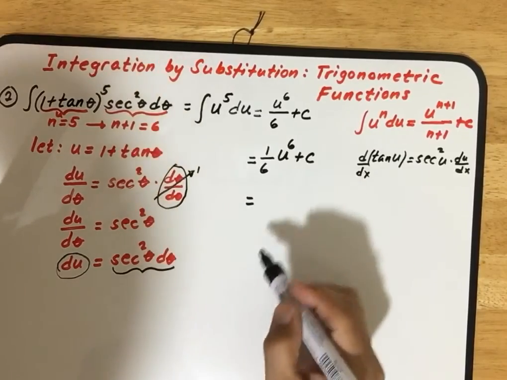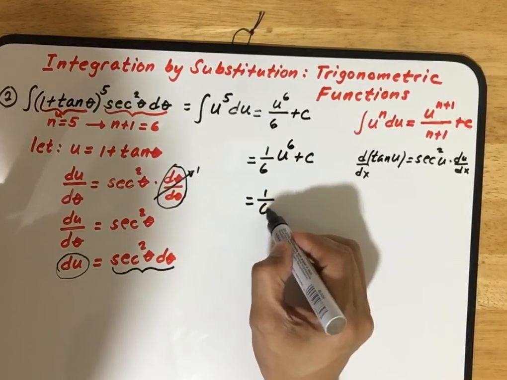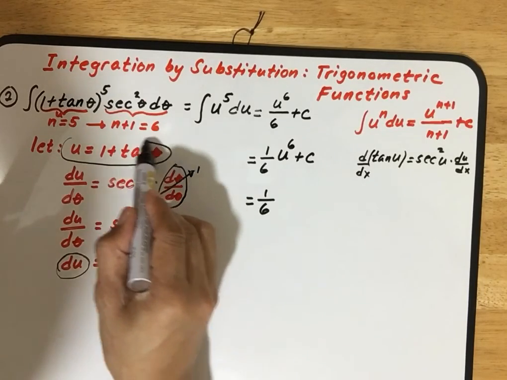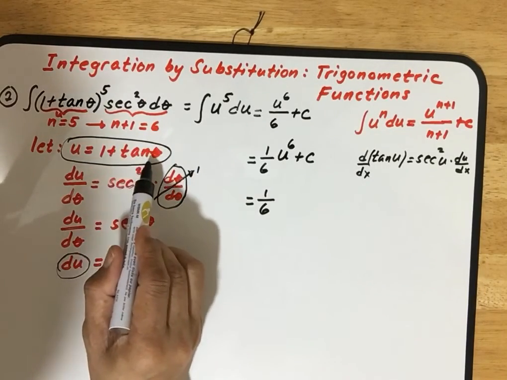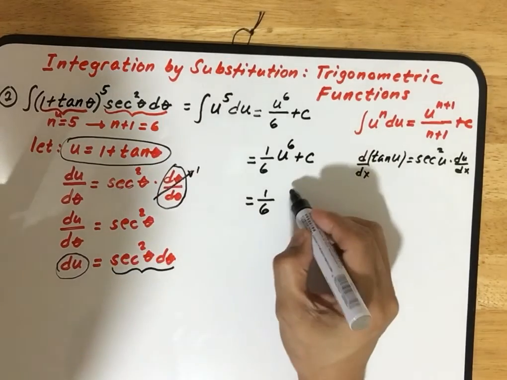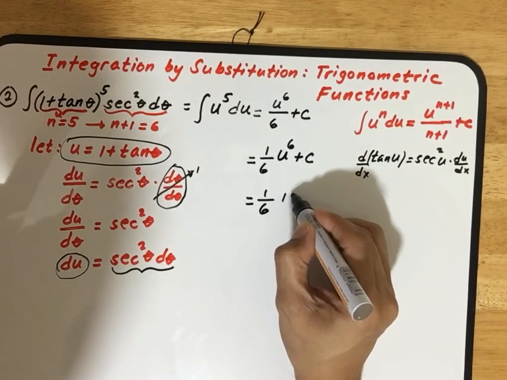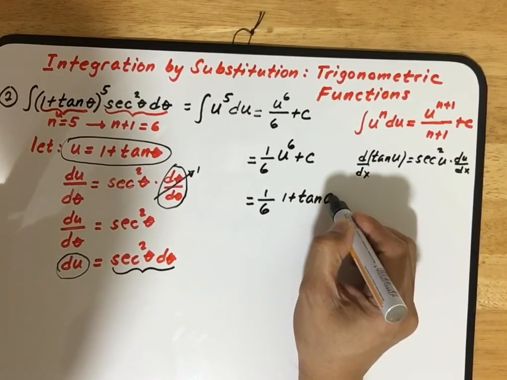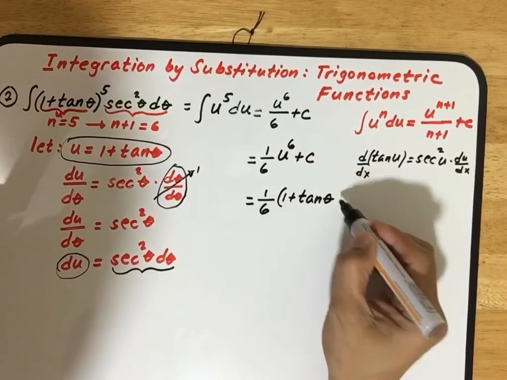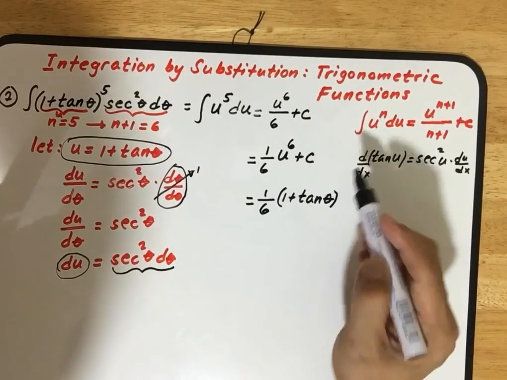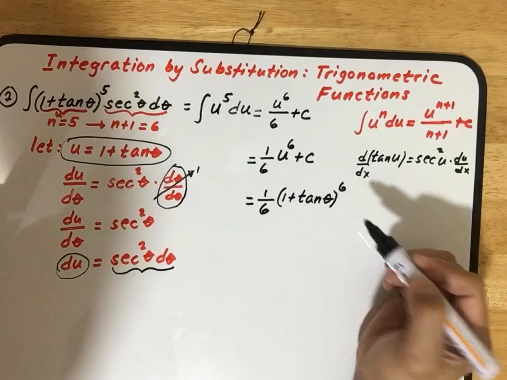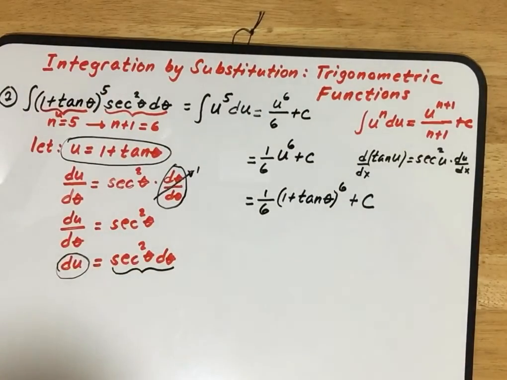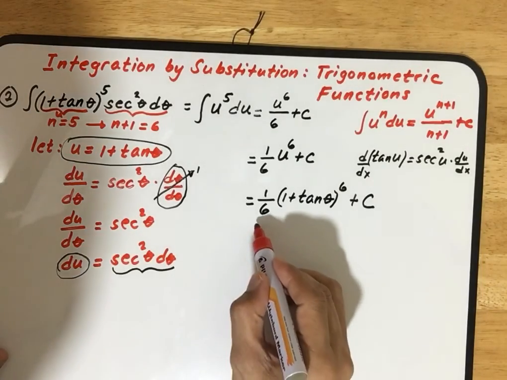Substituting the value of u, which is 1 plus tangent theta, this is 1 over 6 times 1 plus tangent theta, raised to the power 6, then plus c. Okay, so this is our answer.